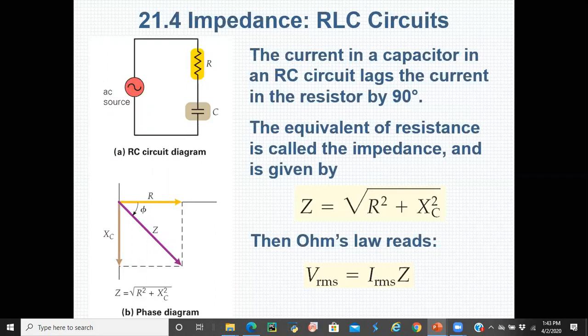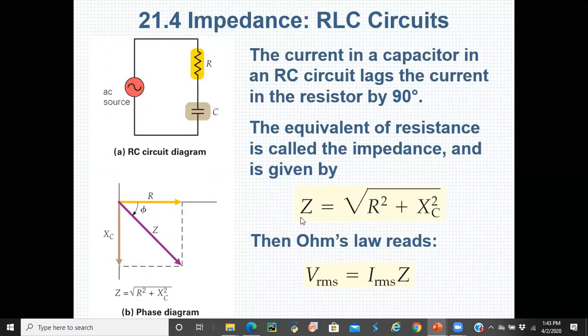In this circuit we have R and C, a resistor and a capacitor, so it has an impedance. Impedance means the total resistance because of the resistance and the capacitance.